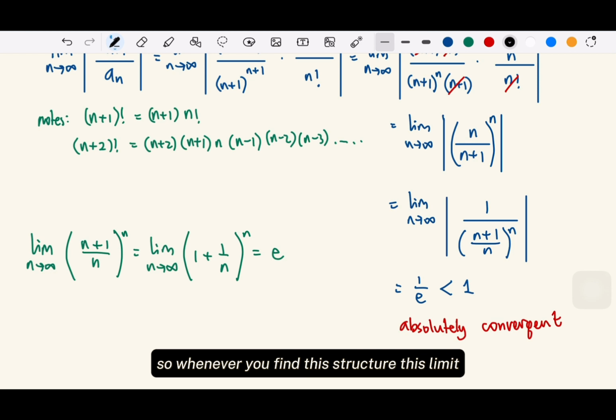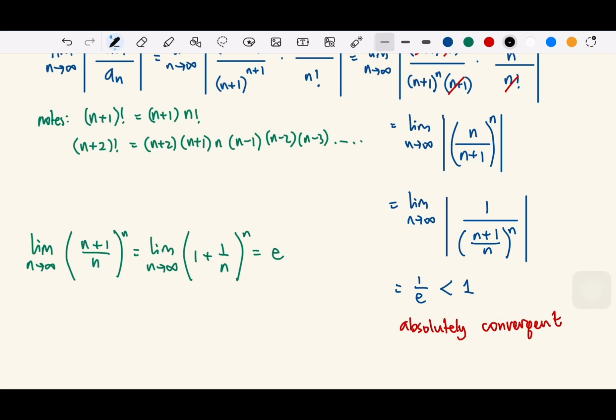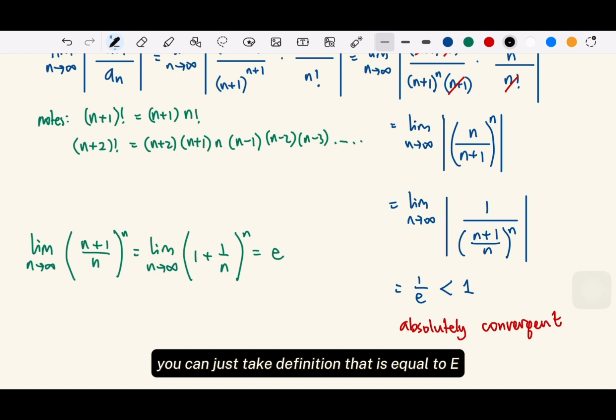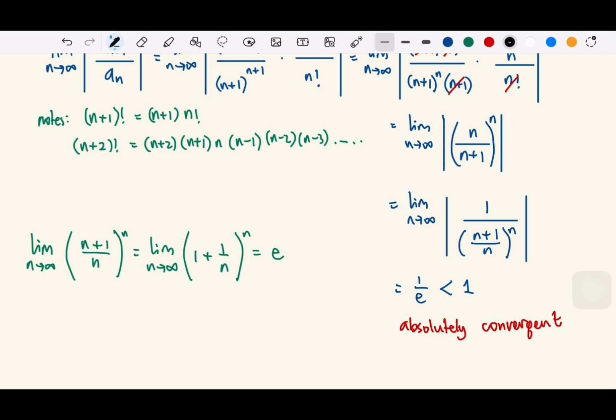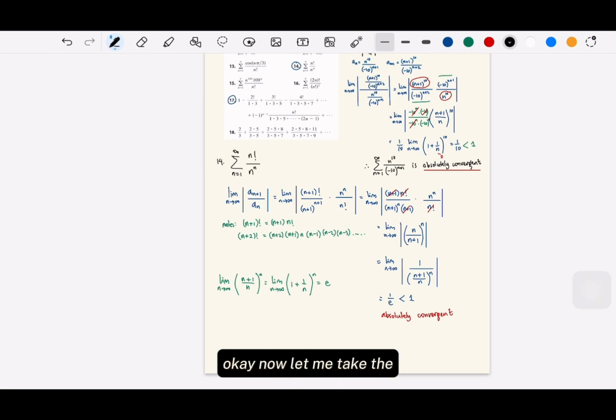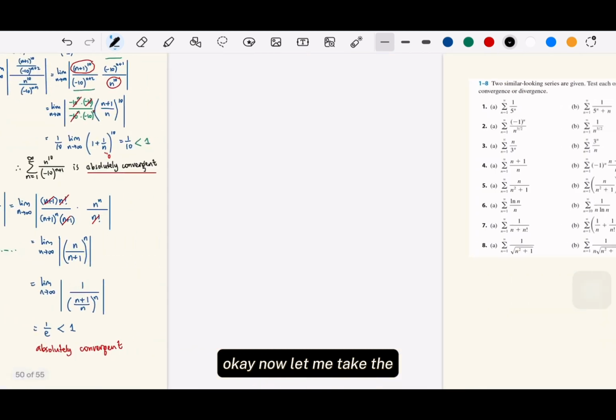So whenever you find this structure, this limit, you can just take the definition that it is equal to e.